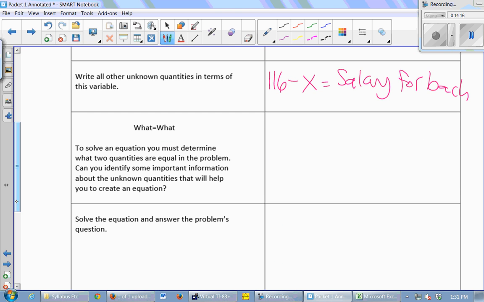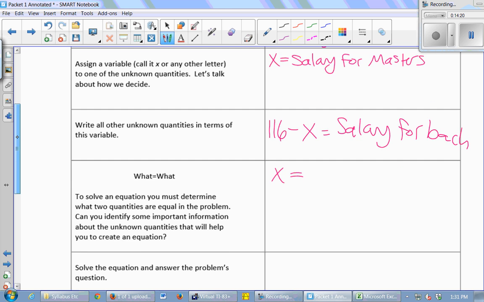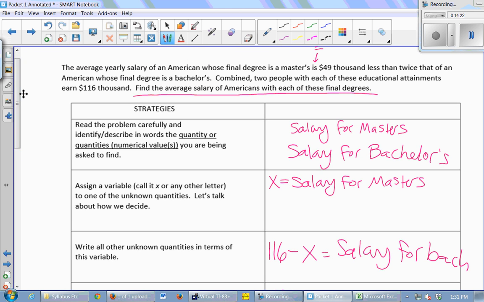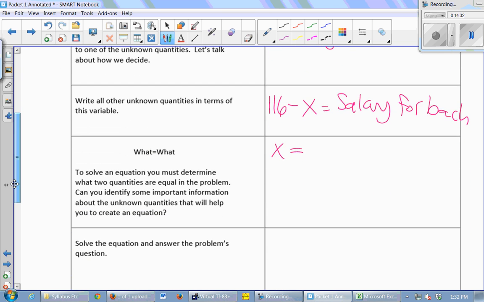So X is, and then 49,000 less than twice that of a bachelor's. What expression represents a bachelor's? 116 minus X, that's the salary of a bachelor's. Double it, less 49,000. Yeah.